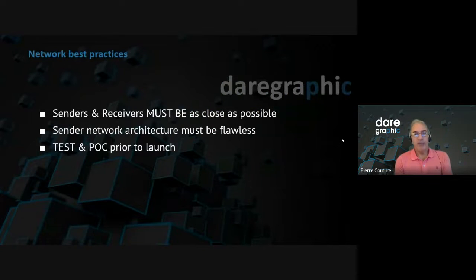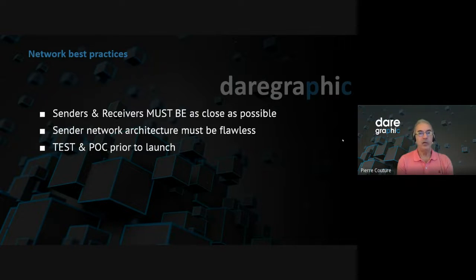So, network best practices when we deploy any real-time and pixel streaming project. That's really important. People talk about streaming, but they always forget where the sender is and where the receiver is. That's why we deployed in lots of regions. If the hosting is done in North America and the receiver is in other territories, like other continents, it's really important that we measure this so we can adjust the flow and the hosting of the servers.